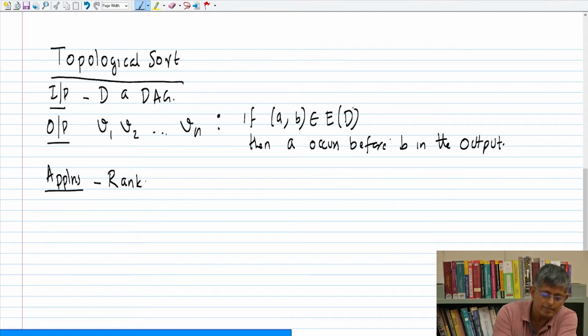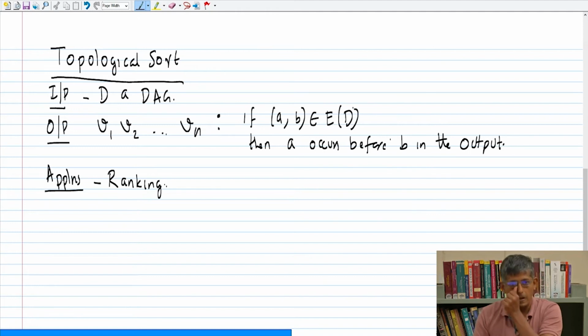Ranking. And if you are looking for a research problem and if you are looking for programming challenges, then here is the immediate programming challenge.